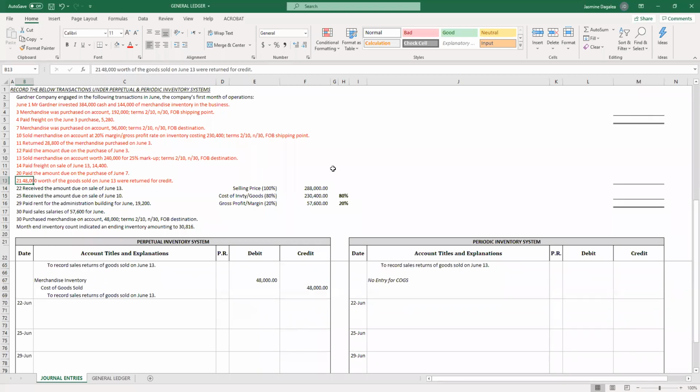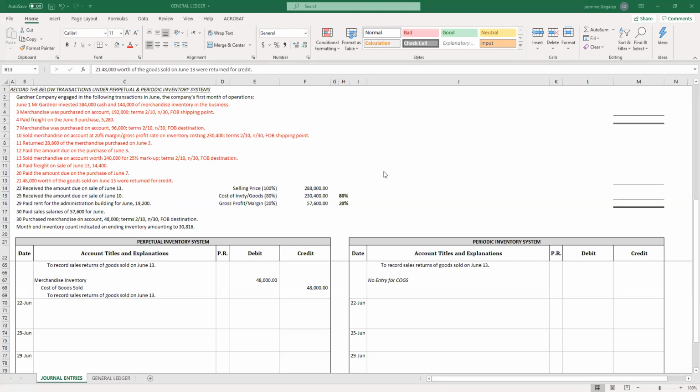Ma'am, ano po ibig sabihin ng markup and yung margin po? Yung markup, yun yung tubo nyo. Magkano nyo binenta, yun yung selling price. Magkano yung cost ng product na binili nyo, yun yung cost of goods sold.